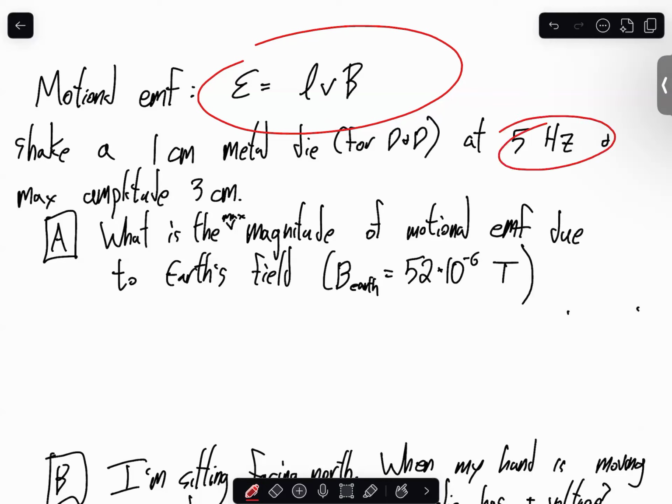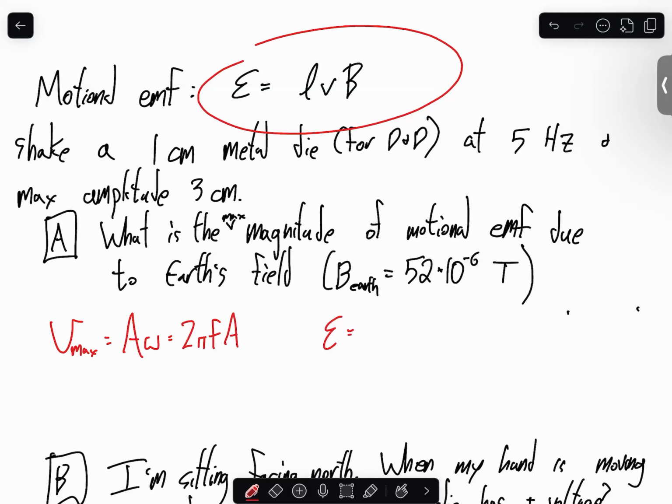I'm telling you the frequency and amplitude, that should maybe trigger some memories. Once upon a time, we discussed V max equals A omega. You've got simple harmonic oscillatory motion. That's the connection between velocity, amplitude, and angular frequency. Now, what's angular frequency? Angular frequency is 2 pi f. So I plug that in, I get 2 pi f A. That's velocity max.